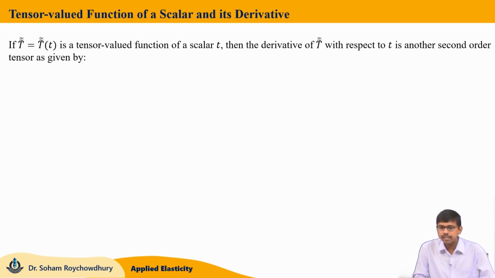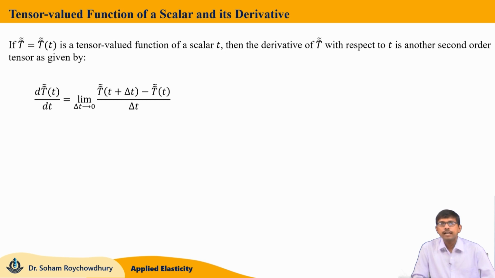Then the derivative of capital T with respect to small t is defined to be another second order tensor, given by this particular expression: d/dt of this second order tensor valued function capital T equals the limit as delta t tends to 0 of capital T evaluated at t plus delta t minus capital T evaluated at the initial time t, divided by delta t. So, this is similar to the formal definition of the derivative of any function.